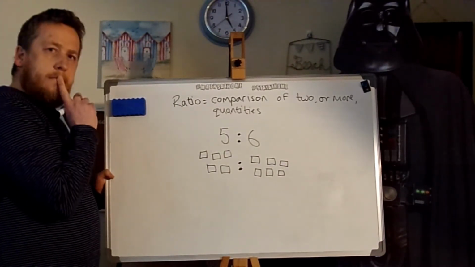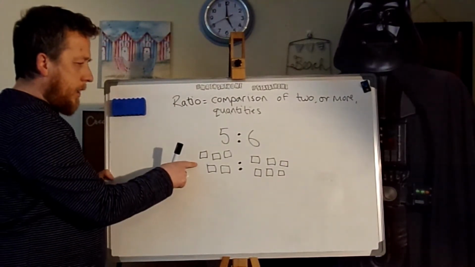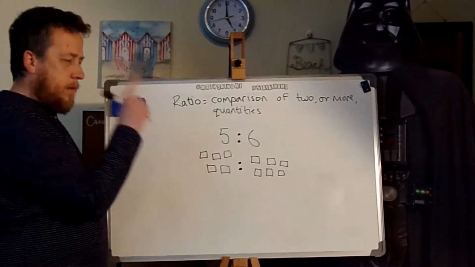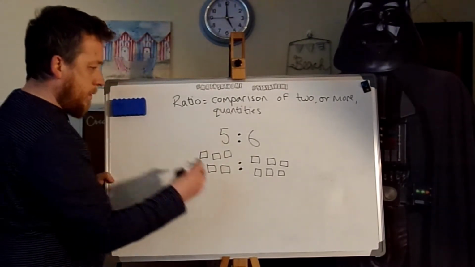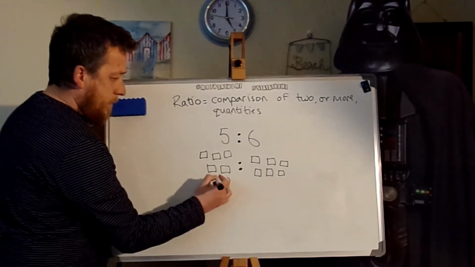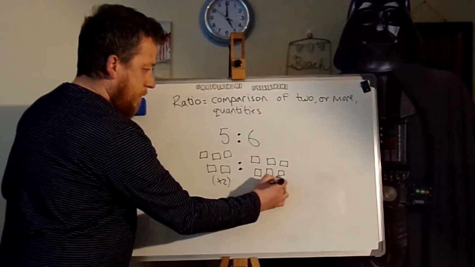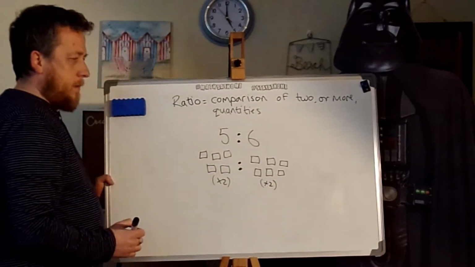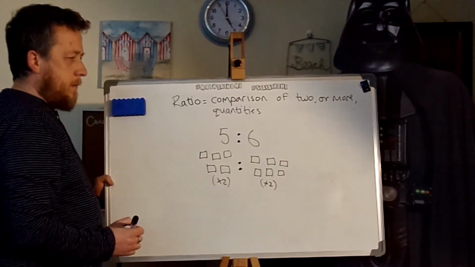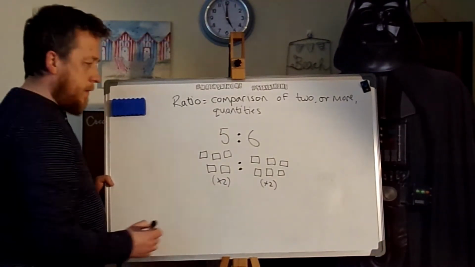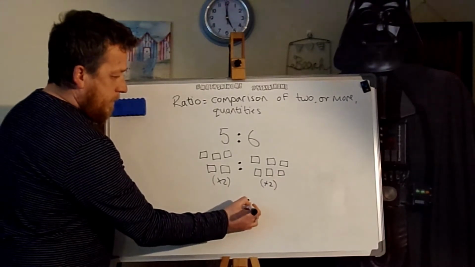Now we're going to think about how we could change the ratio, because the ratio is showing the comparison, so the numbers inside it can change without changing the comparison. What we're going to do is very similar to dealing with equivalent fractions. We're going to double both numbers in the ratio.